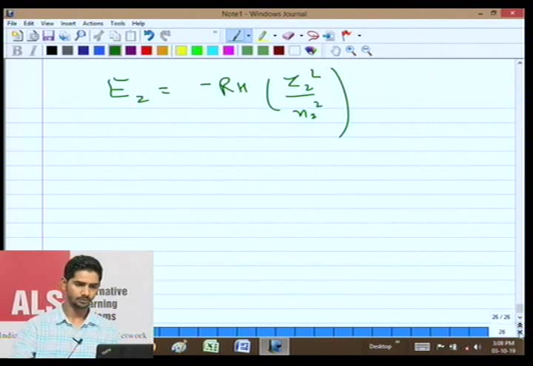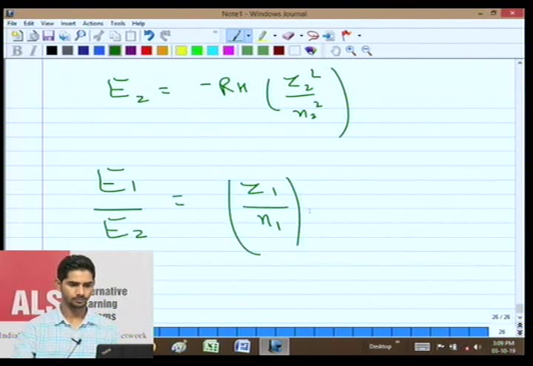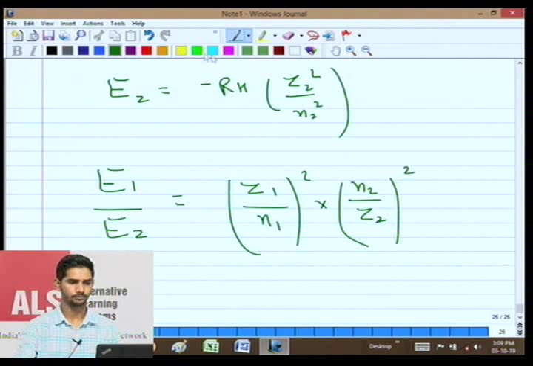Just divide them and you will get a ratio that E1 upon E2 is equal to Z1 square upon N1 square into N2 square upon Z2 square. Remember this relation as well.